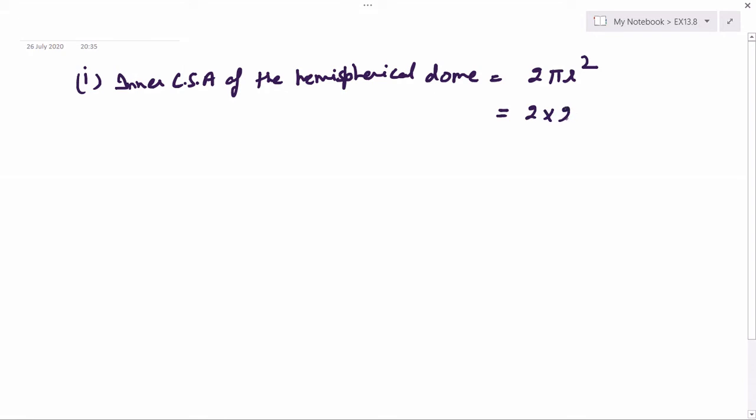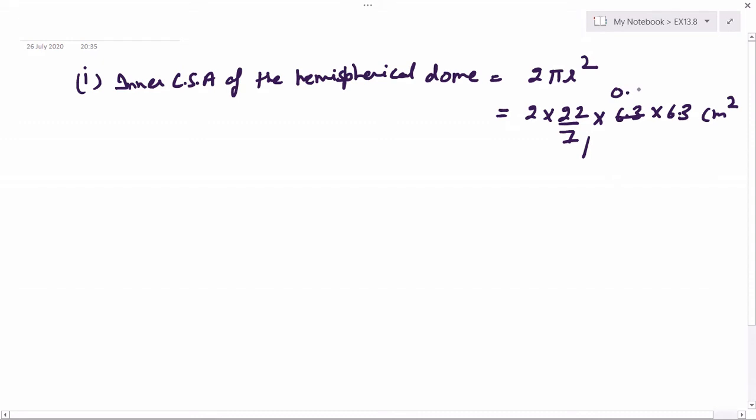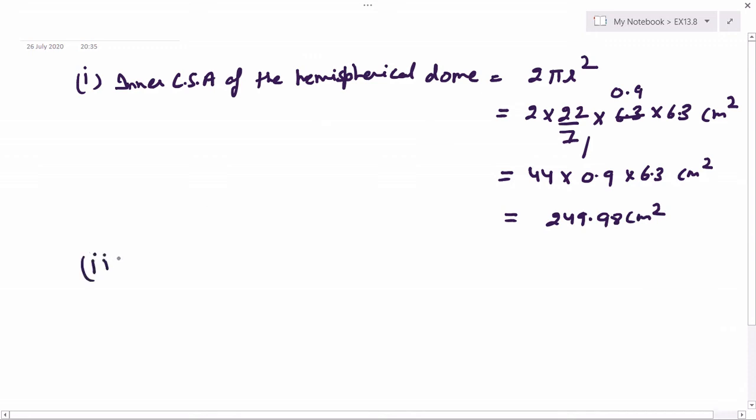So this is 2 into pi value is 22 upon 7 and r was my 6.3, so 6.3 into 6.3, and it will come in centimeter square. I am cancelling this number, 7 ones are 7 and now this is 7 nines are 63. Now you can multiply this, 44 into 0.9 into 6.3 centimeter square. When you multiply this, you will get 249.98 centimeter square.